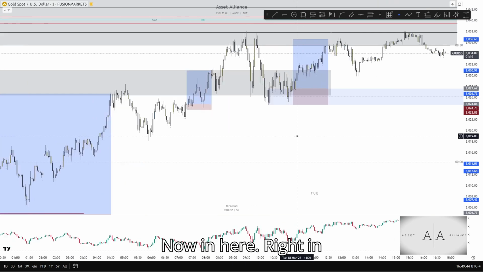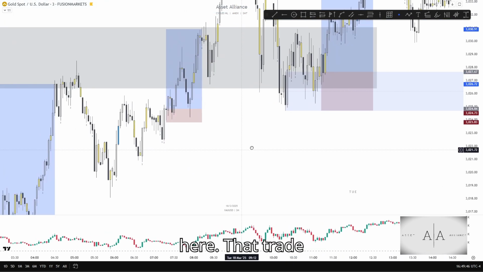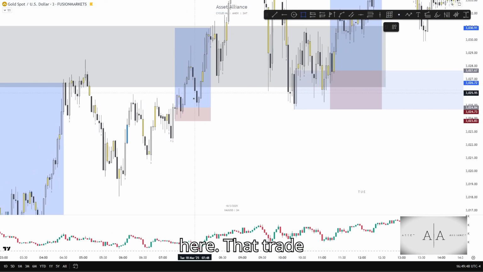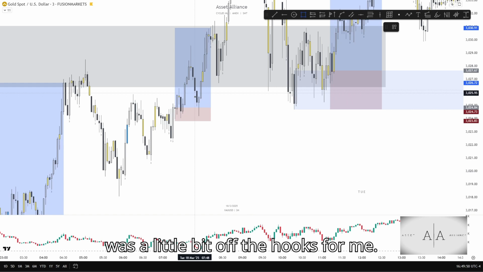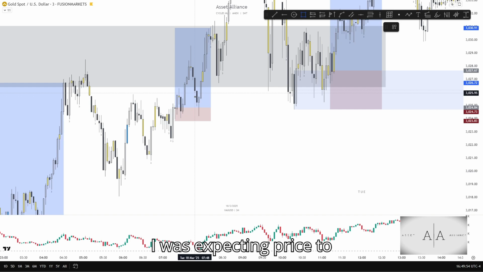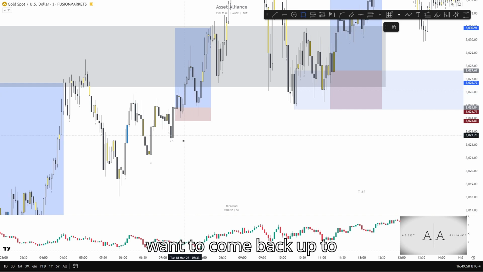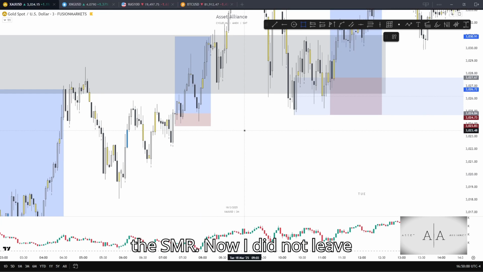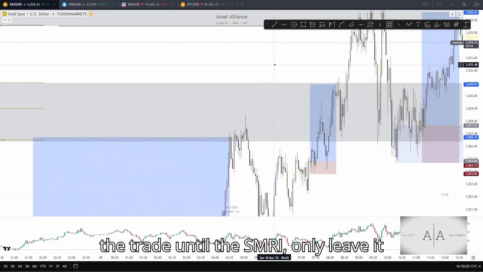Now in here, that trade was a little bit off the hooks for me. We came back into the micro SMR range, so I was expecting price to want to come back up to the SMR. Now I did not leave the trade until the SMR.